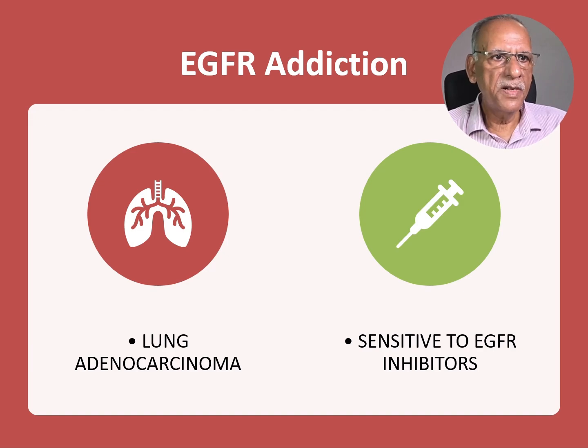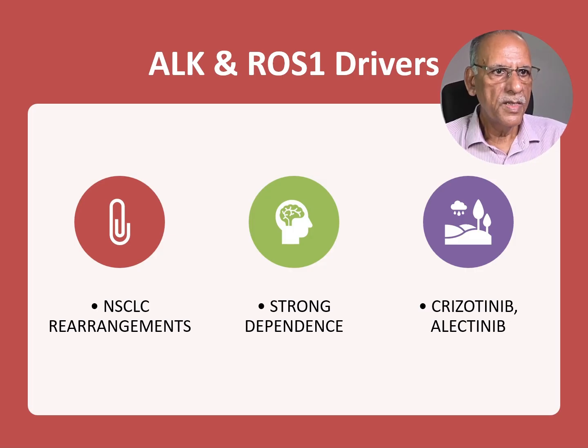Another example is EGFR addiction in lung adenocarcinoma, sensitive to inhibition by drugs. Similarly, ALK and ROS1 driver rearrangements in non-small cell lung carcinoma also show a strong dependence, and the treatment is through crizotinib.